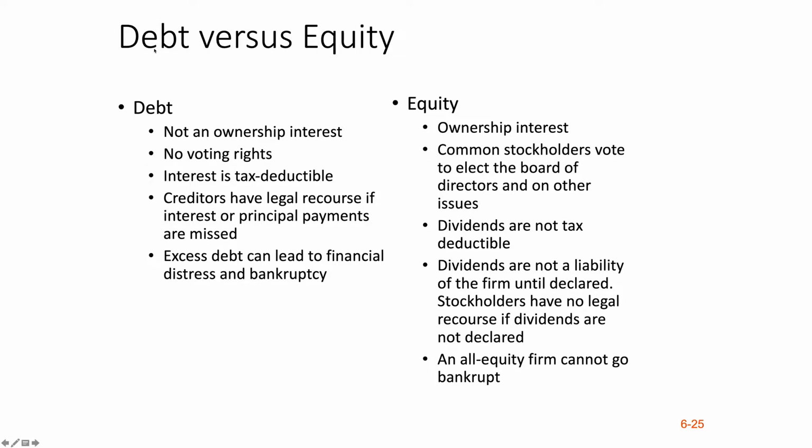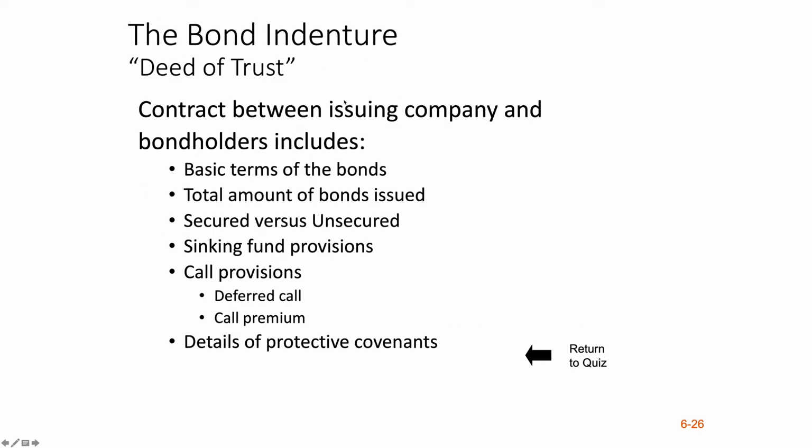The bond debenture is also called a deed of trust. It is a contract between the issuing company, which is the borrower, and the bondholders, which are the creditors, the lenders. In the bond contract, they have certain basic terms. How long is this bond?